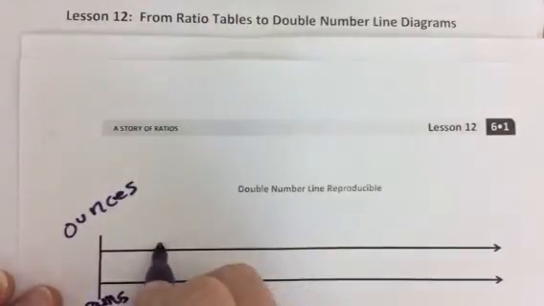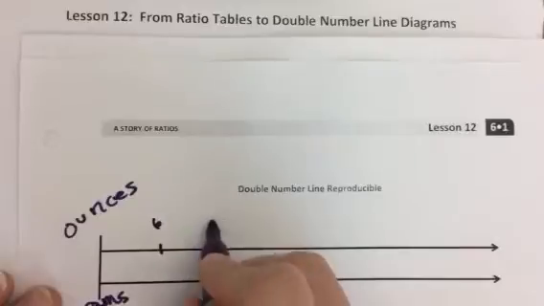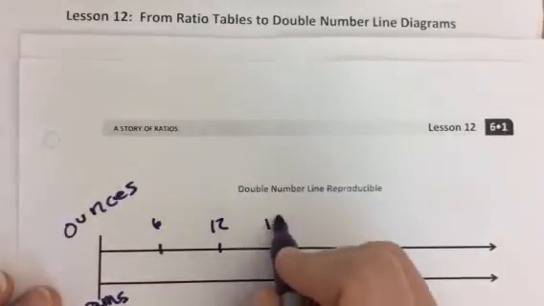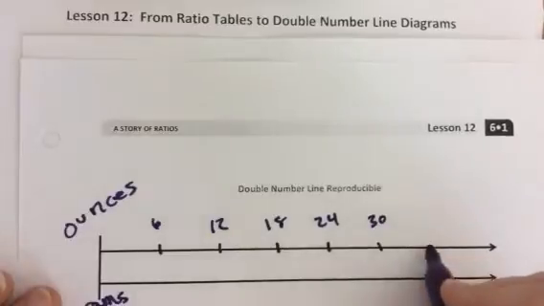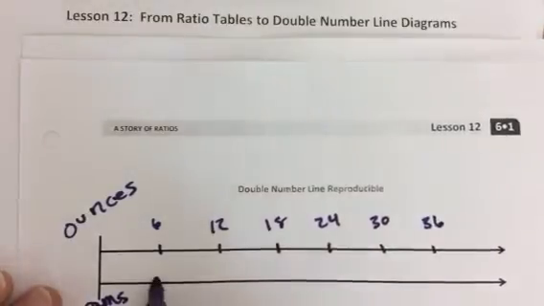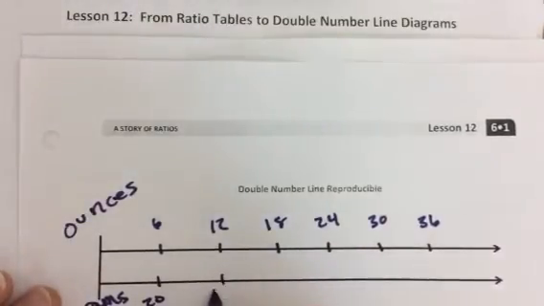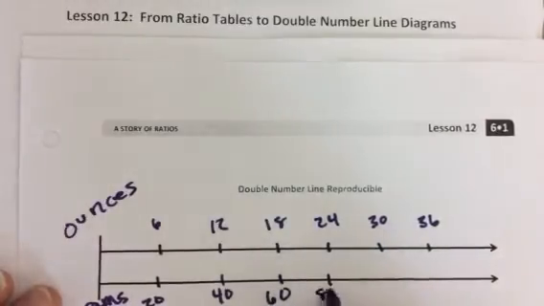Just like in the table, we counted ounces by 6, and we counted grams by 20. And they should be lined up with the above number line.